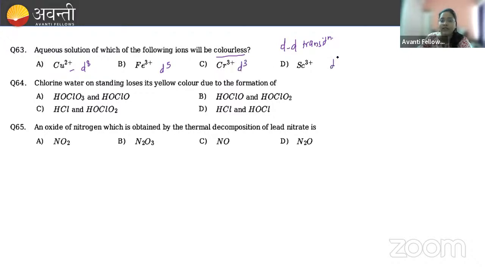Here it is d0, so it does not have any electron in the d orbital, and there will not be any d-d transition. Since there is no d-d transition, the solution is colorless. The aqueous solution of Sc3+ (scandium 3+) ion will be colorless, so our answer is option D. Any doubt?